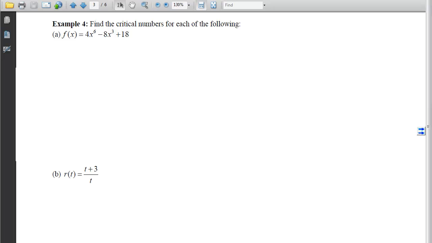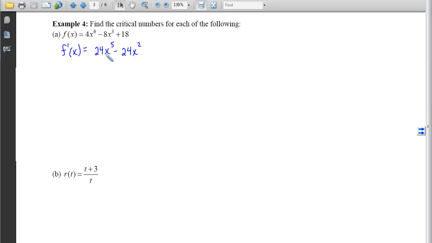Let's look at example 4, where we find the critical numbers for each of the following. Remember, critical numbers occur when the derivative is either 0 or undefined. So we will look for f prime of x, which is 24x to the 5th minus 24x squared plus 0, and we want to know when this is 0 or undefined.